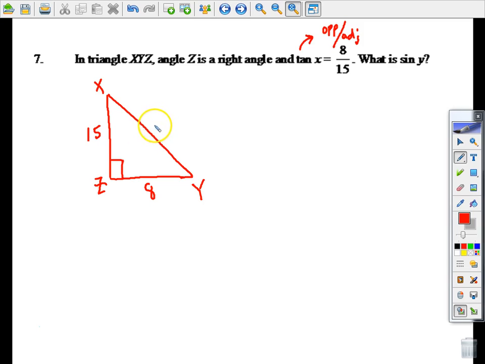And I'm looking for side z, z squared is equal to 15 squared plus 8 squared. Okay, grab a calculator. So that's 289 for z squared, but I need to find z, so I'm going to do the square root of that.